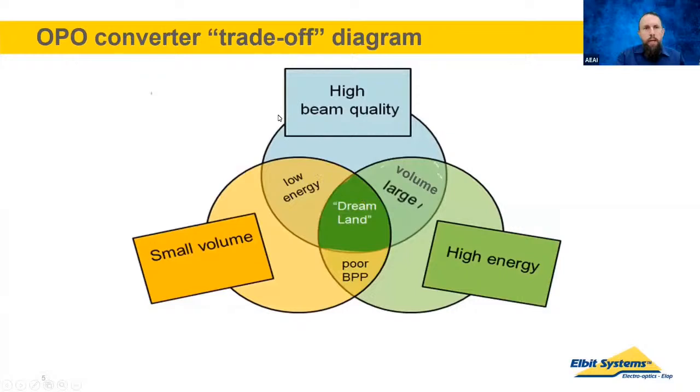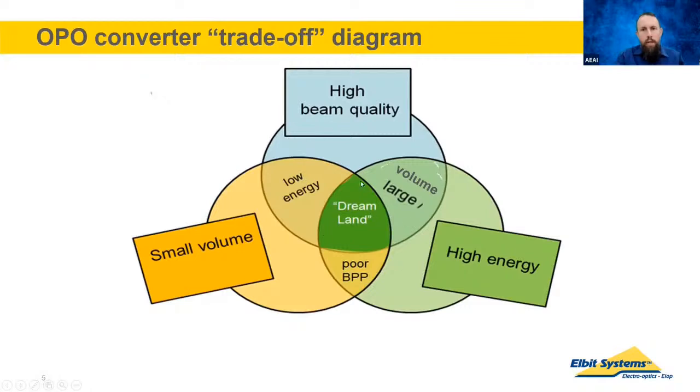So what we are heading into is a trade-off diagram, which apparently exists in any product, but especially in an airborne eye-safe source. What we see here are three features which, for some reason, we can't get all of.